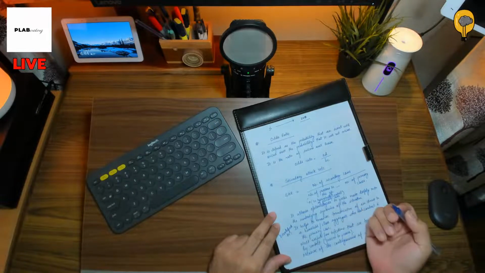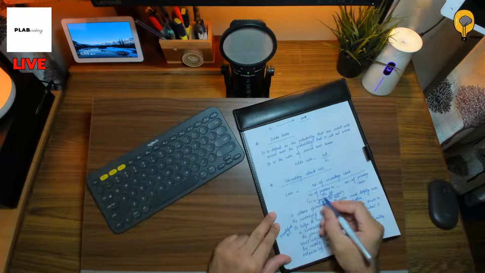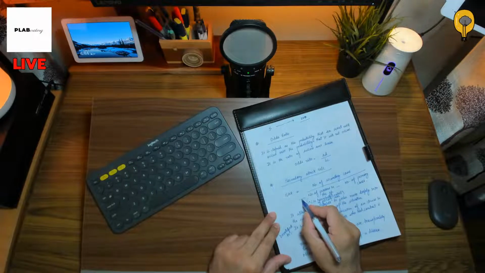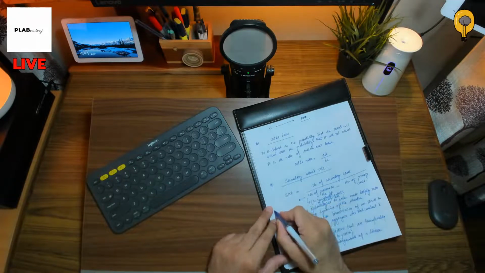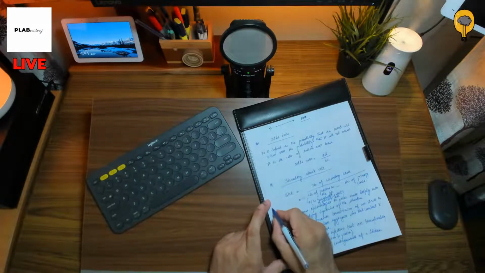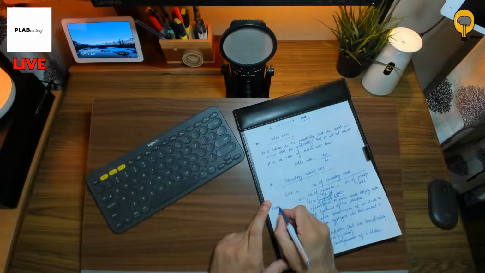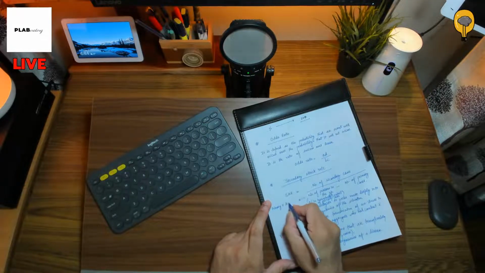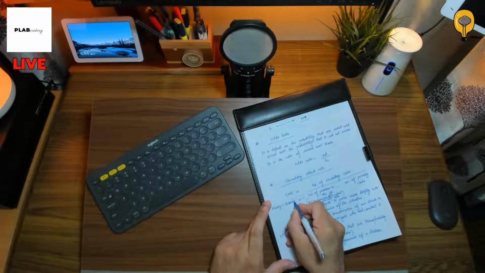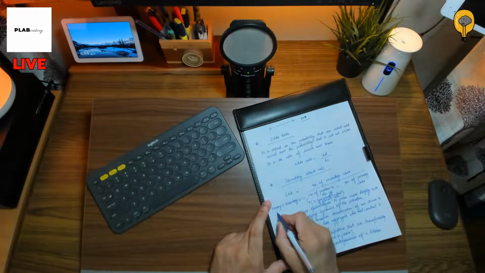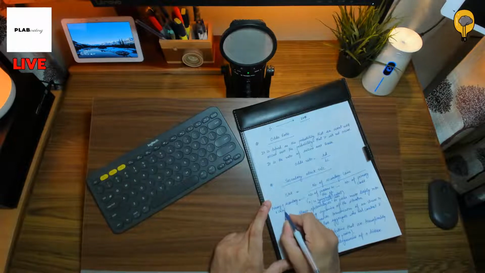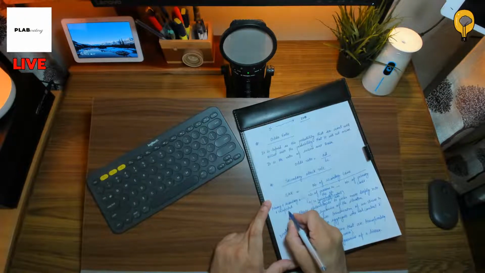So, we can write primary plus secondary plus uninfected contacts.